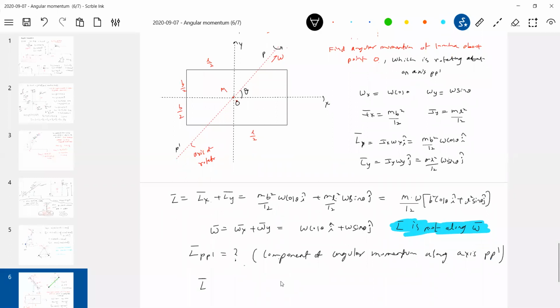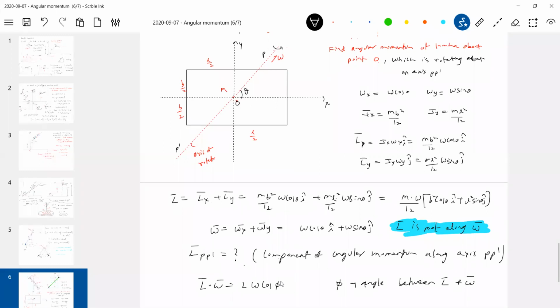The dot product says L bar dot omega equals L omega cos theta. What is needed is L cos phi. What is phi? The angle between L bar and omega bar. So what is L cos phi?